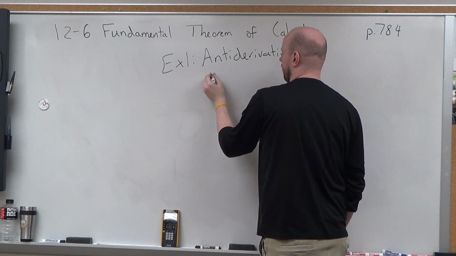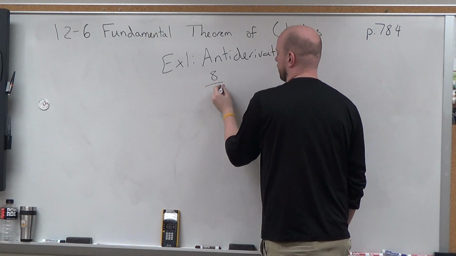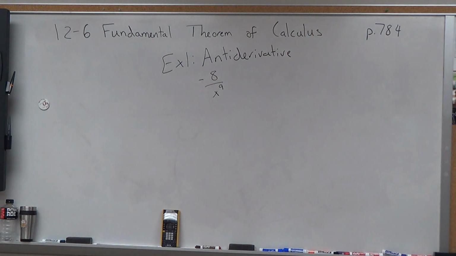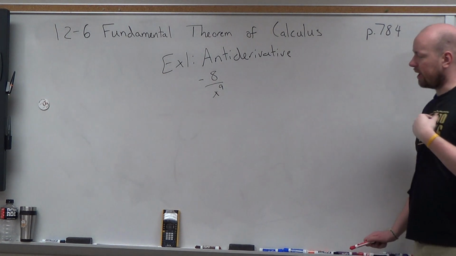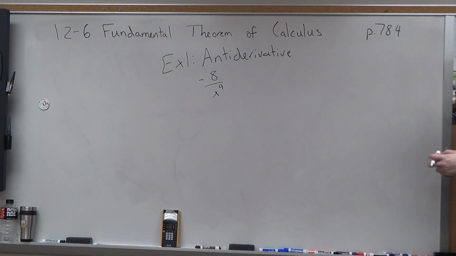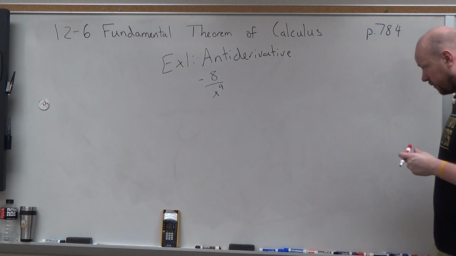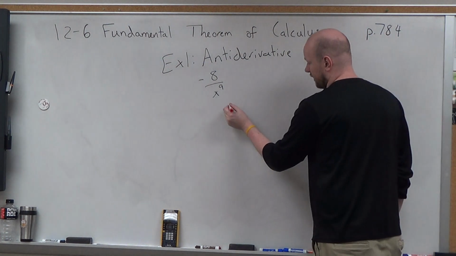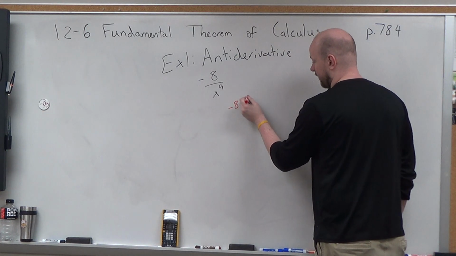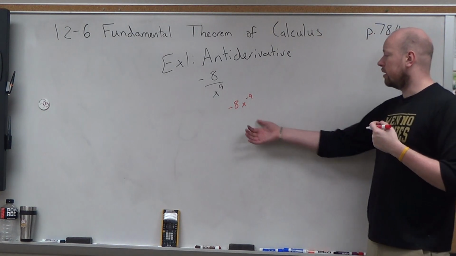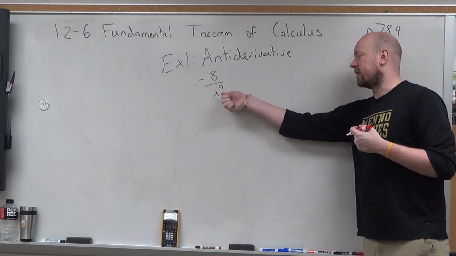Let's say we have 8 over x to the 9. Okay. Well, first, my thing's not written in the correct form. We have our x down there in the denominator, not doing a whole lot. So what if I just rewrote this as negative 8 times x to the negative 9? Again, I need a negative there because it's actually in the denominator.